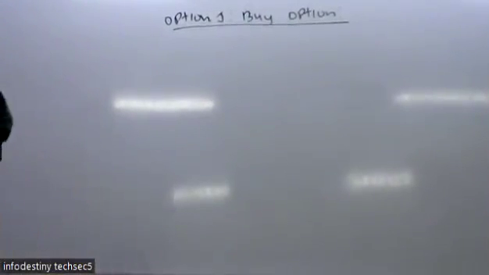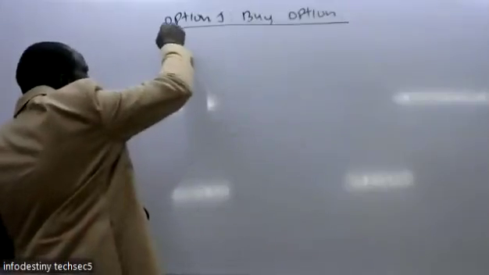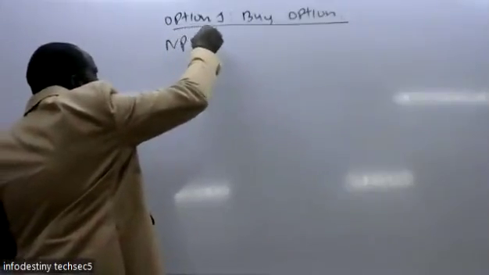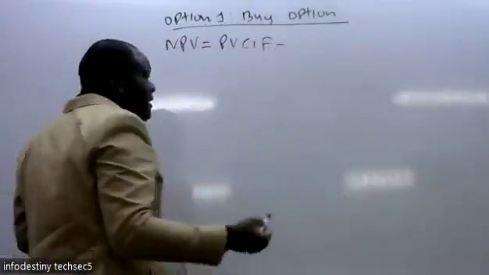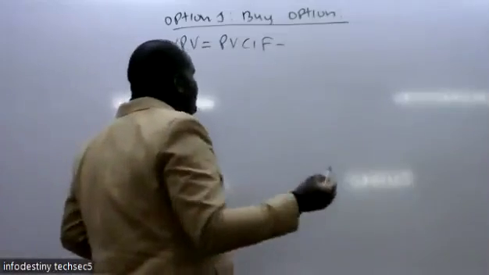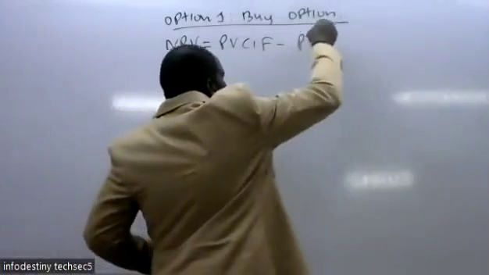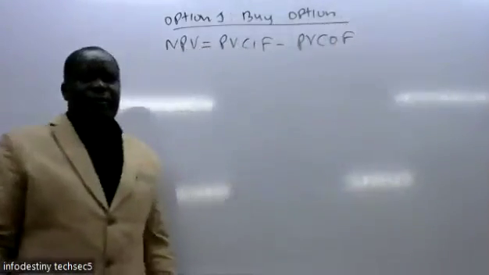So we want to compute the net present value. It is given by the present value of the cash inflows minus the present value of the cash outflows.